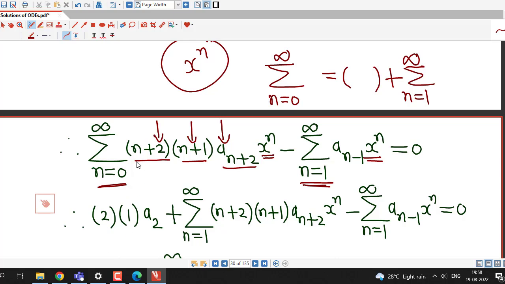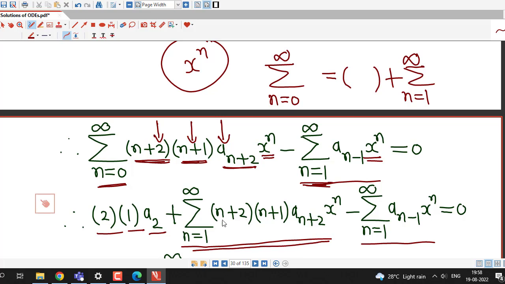So here for n equal to 0 I have 2 into 1 into a2 into x raised to 0, that is 1, plus sigma n equal to 1 to infinity n plus 2 n plus 1 a n plus 2 x raised to n, and I keep this as it is because here I have summation from n equal to 1 to infinity. Now because these two summations are from 1 to infinity, we can use this logic.